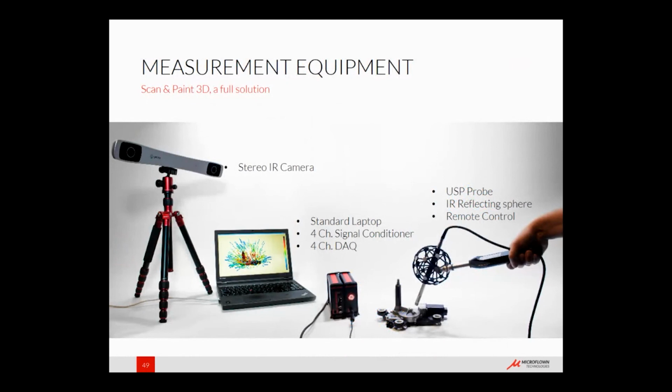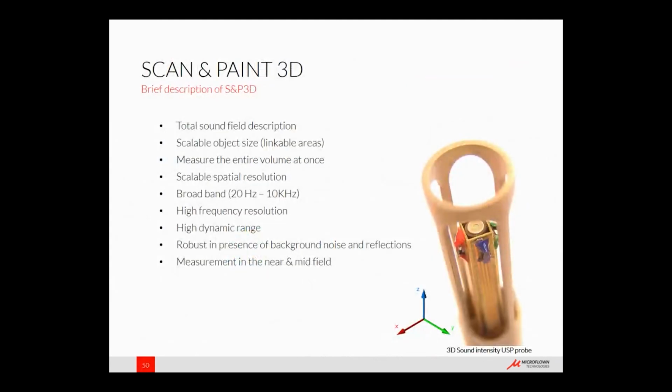It looks a bit similar. A normal camera has been exchanged for a stereo infrared camera with a sphere with reflective markers to automatically track position and orientation. In this case, we're not using just a one-dimensional probe, but a three-dimensional probe, which is a big difference. This is the sensor that we use here.